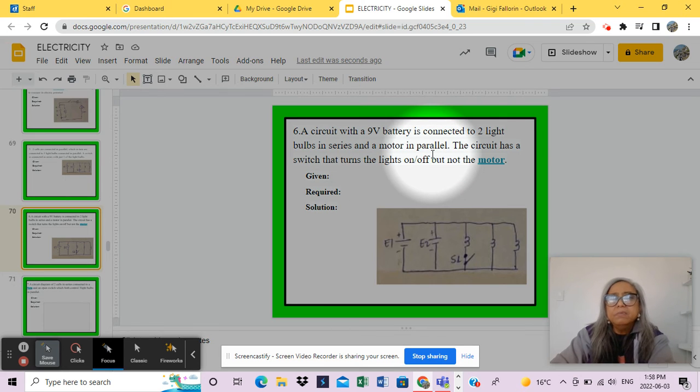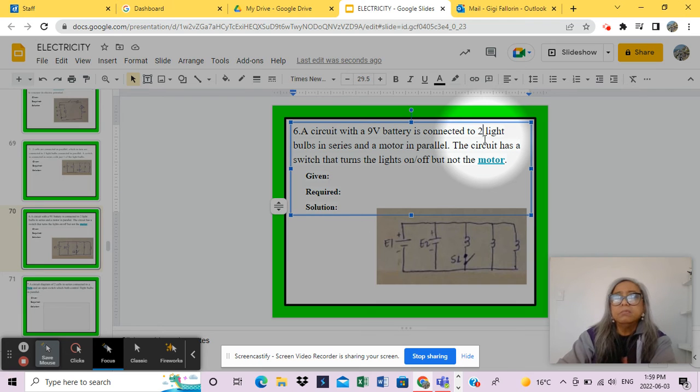If I'm going to just concentrate on this one, this part is correct. The circuit has a switch that turns the lights on and off. So this must be our bulb here. Do I have three? It looks like I have three here. To make this correct, I don't want to just redraw this. So you have the three light bulbs. I think this makes better sense. Sometimes you have to analyze if the worded problem matches up with your diagram.